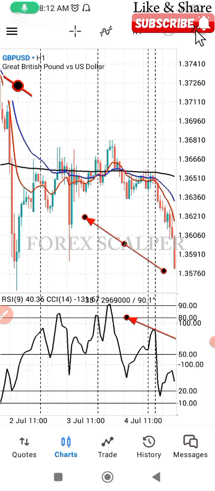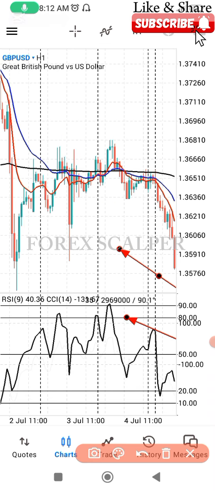Then secondly, I want you to take note of this. You can see that here price came down, went up again and closed above it. Now, this moving average is being treated as a zone. You must take note of that. You don't consider only the line. So you consider a perimeter for this moving average.